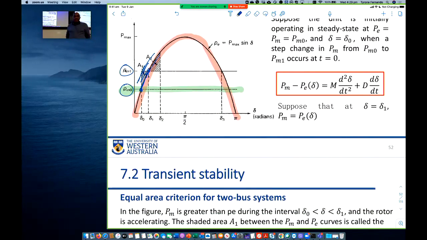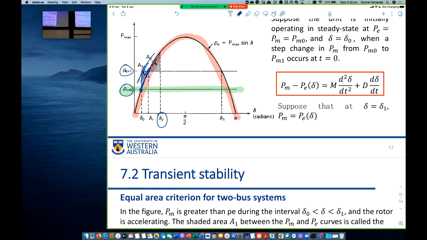So with A1 equal to A2, we can determine this delta 2, because if you know the area A1, we can determine delta 2 since area 2 must equal area 1. So if the mechanical power output is high enough, and delta 2 passes delta 3, we have a problem. When the angle increases from delta 0 to delta 1, it takes time.